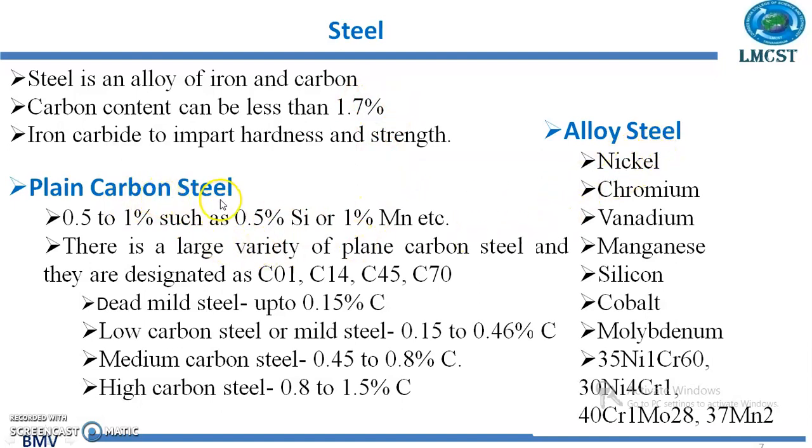In plain carbon steel, we have 0.5 to 1%, such as 0.5% of silicon or 1% of manganese, etc.